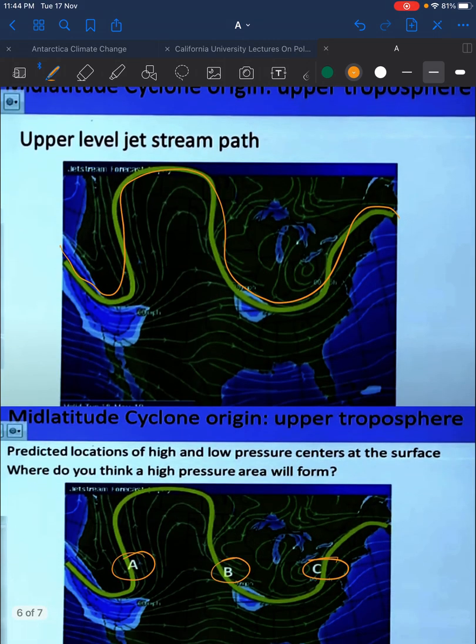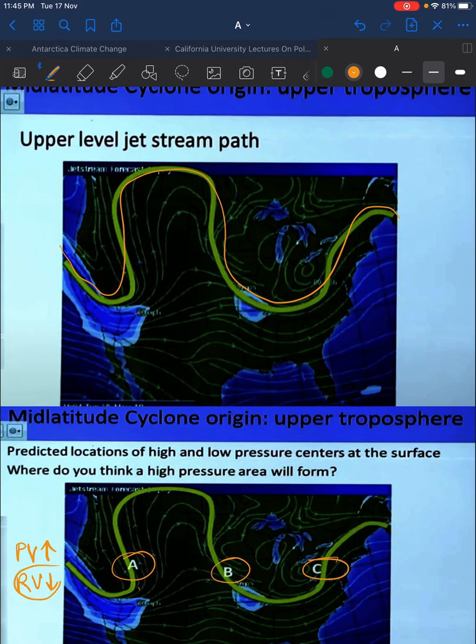So we have 3 points. At point A, let's see, here it is moving from low latitude to high latitude, so planetary vorticity will increase because we are moving towards high latitude. Relative vorticity will decrease because we are moving towards a high latitude.